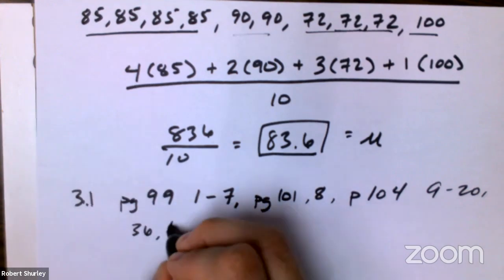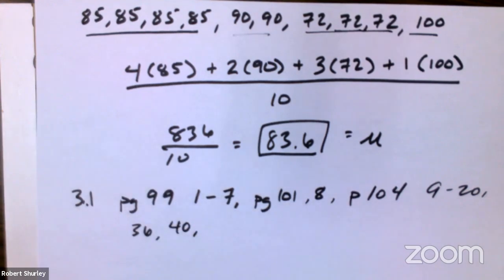Number 40. And then let's do 41. And then let's do another odd one. Oh, hey, flu season. That's perfect. Let's do 45. So do that for 3.1.